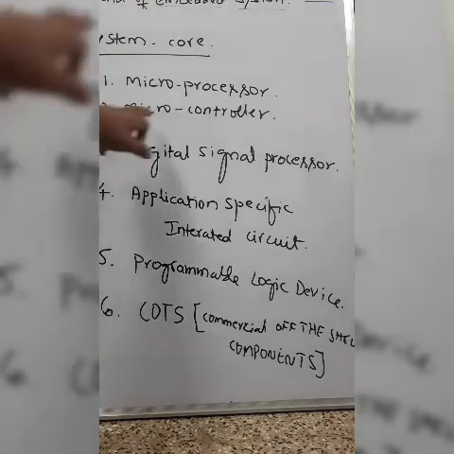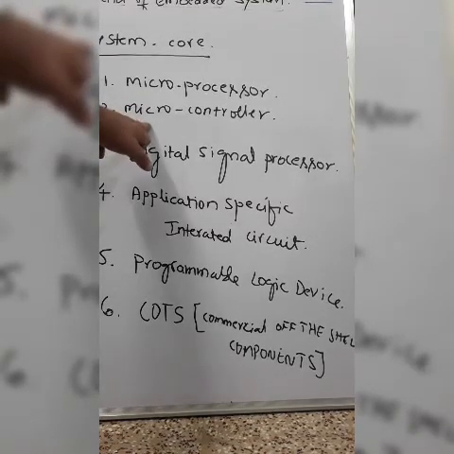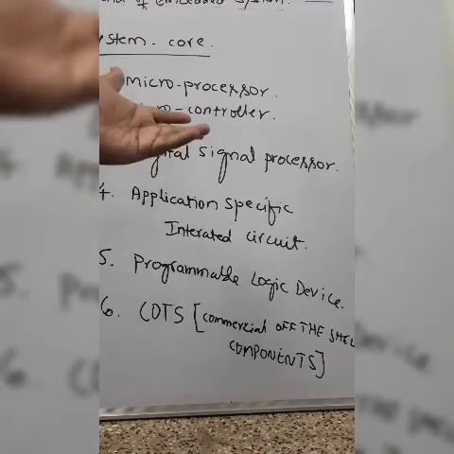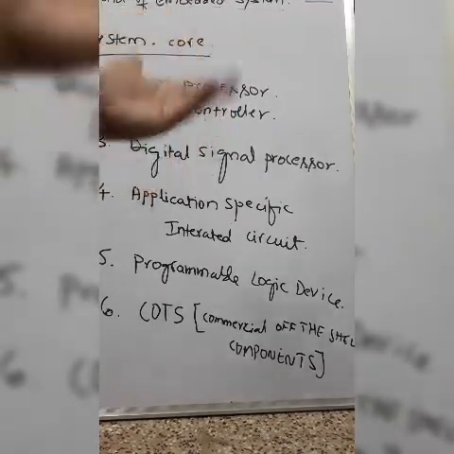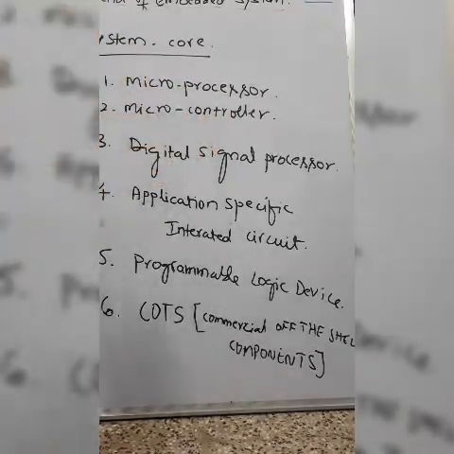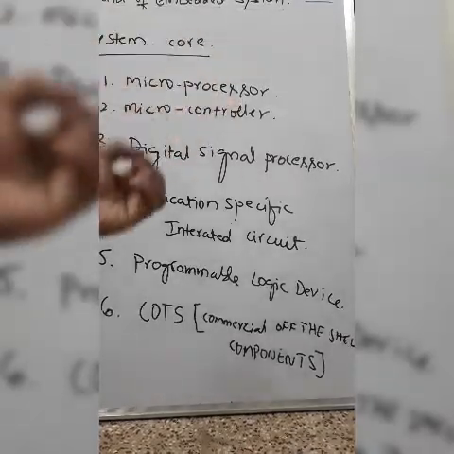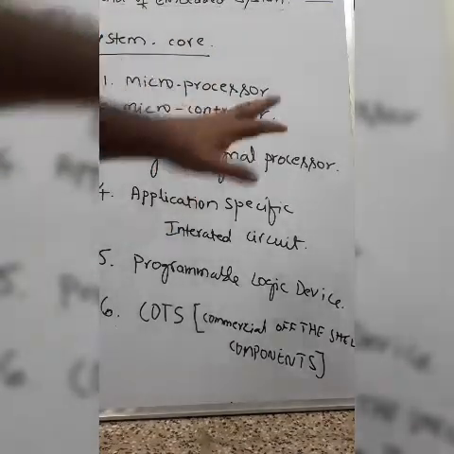If you go for microcontroller, it is integrated with central processing unit plus memory plus IO ports plus other control units like memory controller, interrupt controller, etc. So microcontroller as a core, if you use, you need to have less additional ICs.